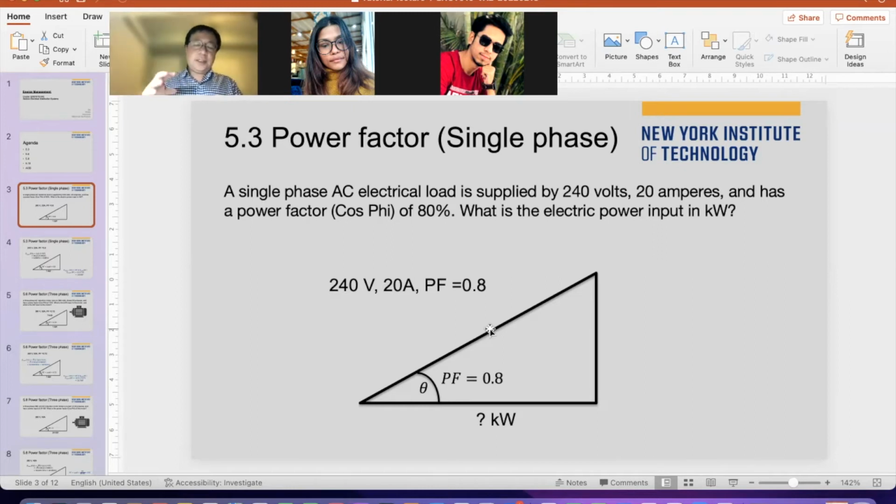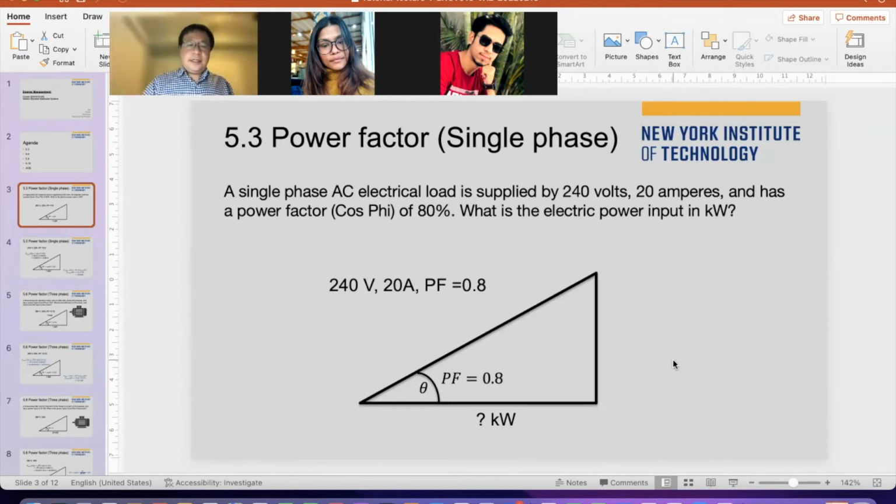You need to understand and remember those units and terms, because a question will very obviously ask you, for example, what is the electric power input in kilowatts. If you remember, kilowatt is the active power. That is what we need to obtain. After you build your power triangle, you can apply the geometry and obtain the number you want, okay?